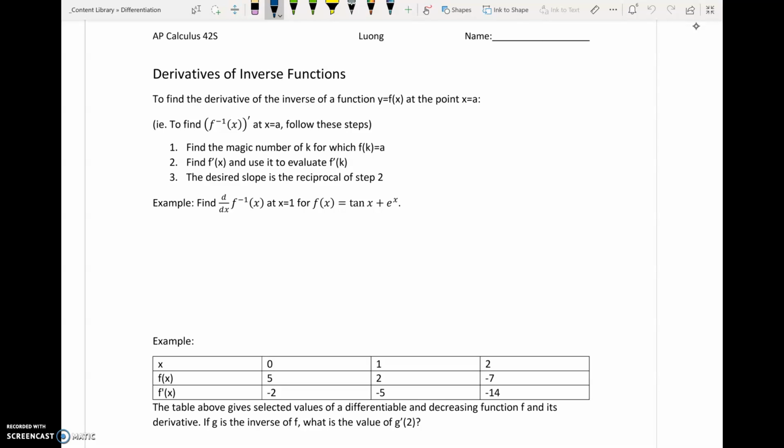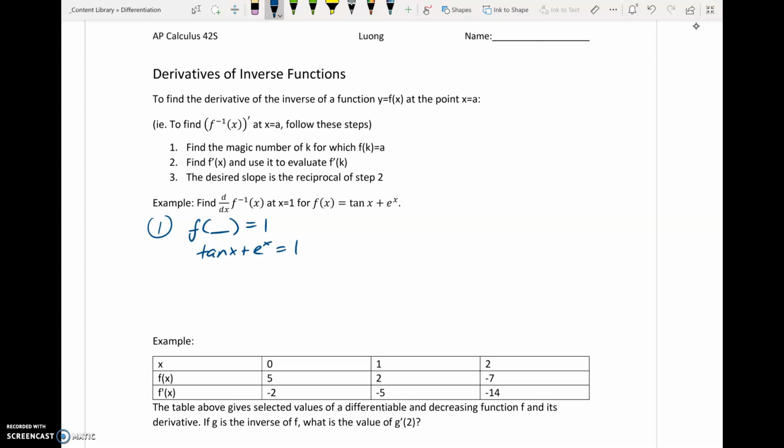The first step is we're going to find the magic number, some number for which f of that number is equal to the x value we want. In other words, we need to find f of something that is going to give us 1. Now let's look at our function. If we have x equals 1 or x equals 2 in here, we're going to have a problem because it's going to be a decimal number, and we don't want that.